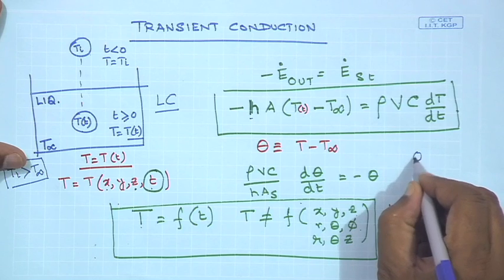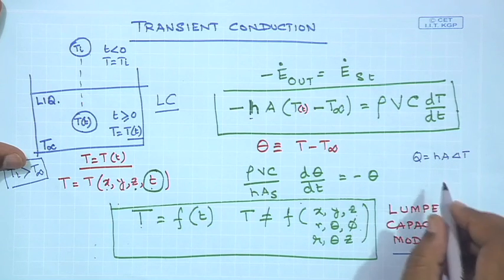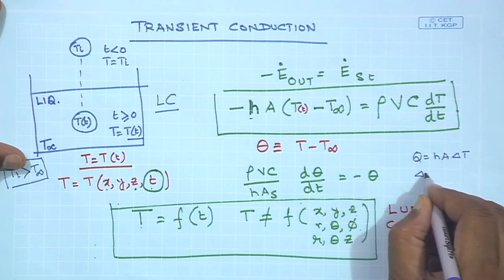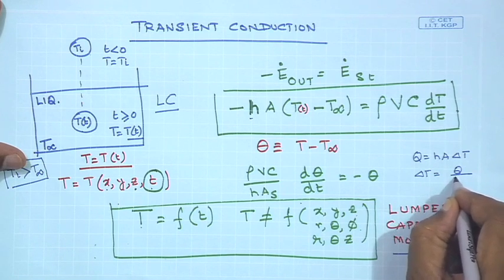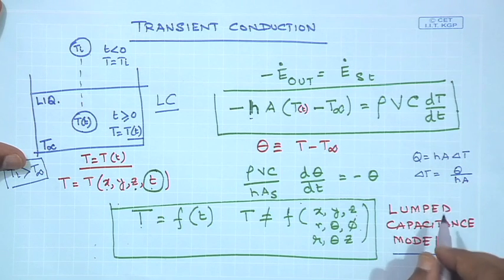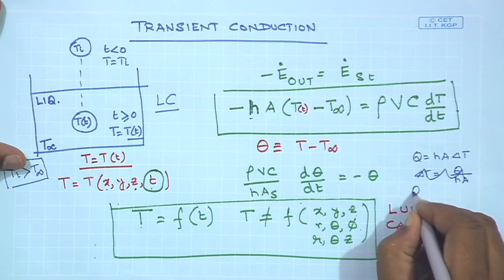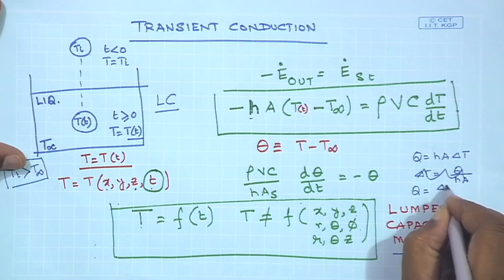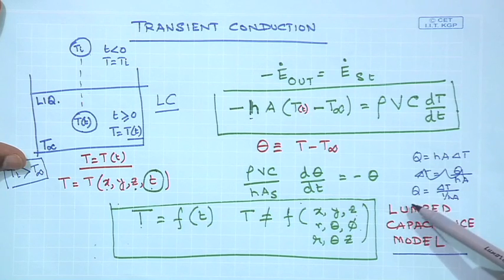law we know that Q is equal to h A times delta T, and therefore, delta T is equal to Q by h A, or I would rather express it as Q is equal to delta T by 1 by h A. So, this is the effect, the heat flow, and this is the cause.